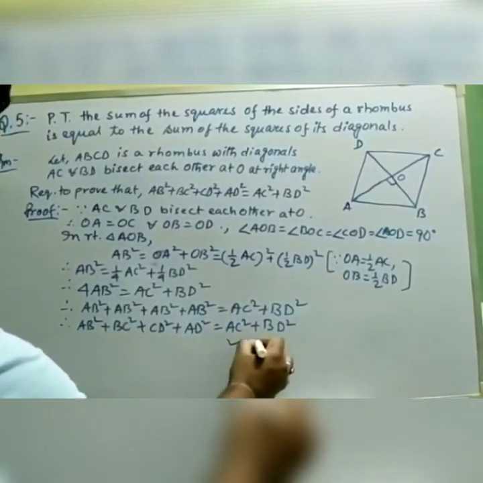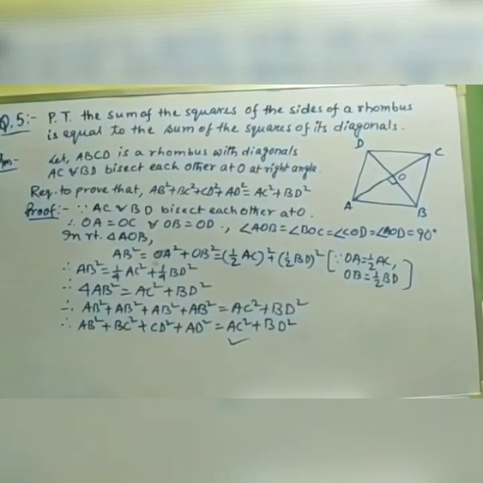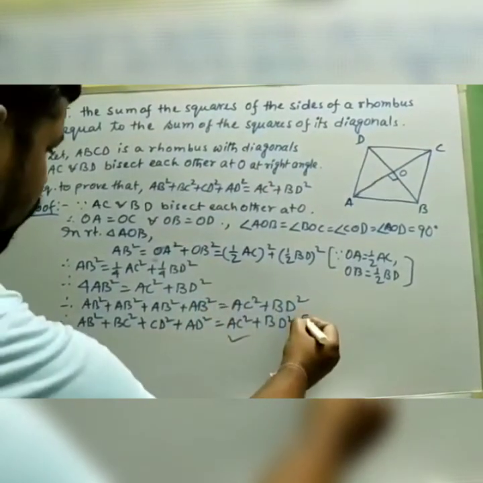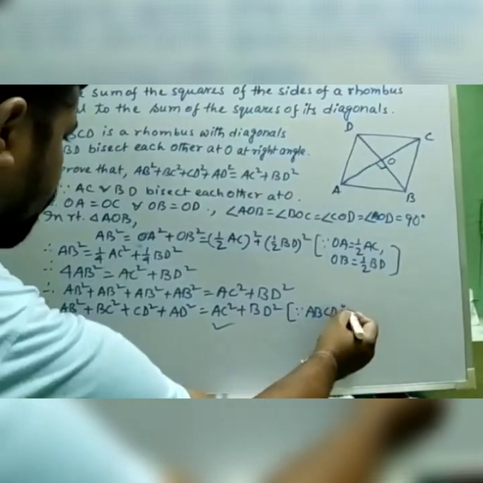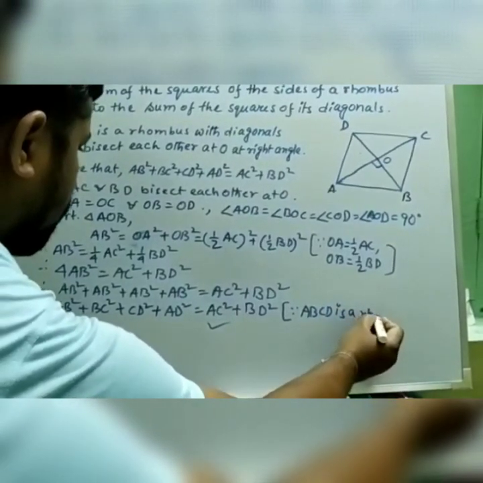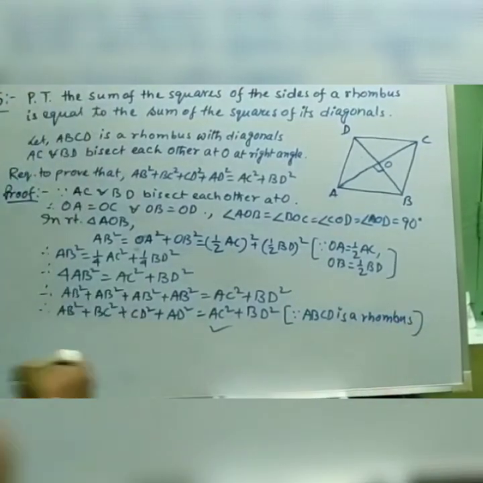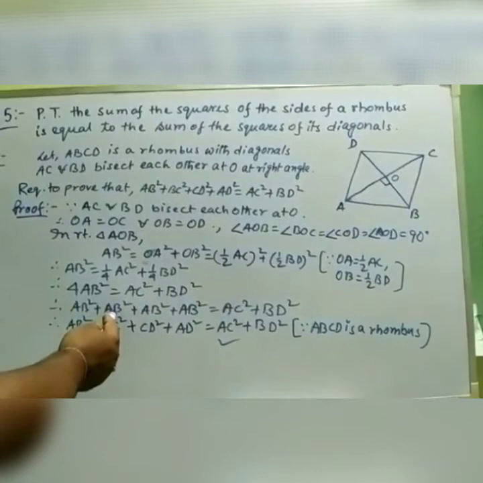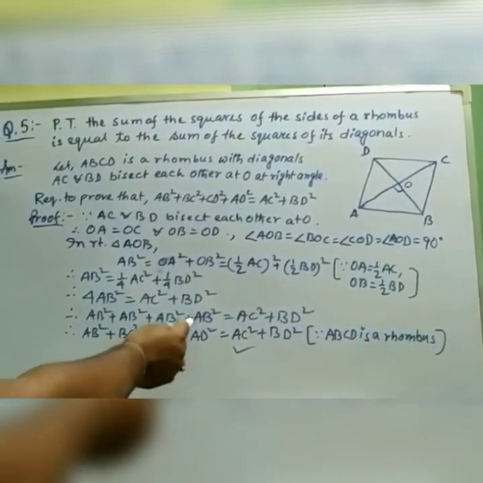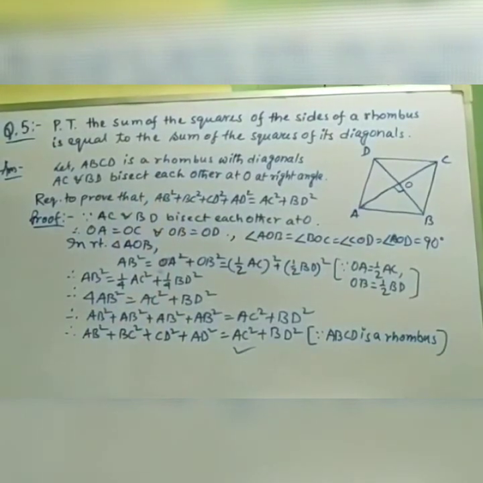And you can see we have got our proof, since ABCD is a rhombus and all 4 sides are equal. So that is the proof of this important sum.